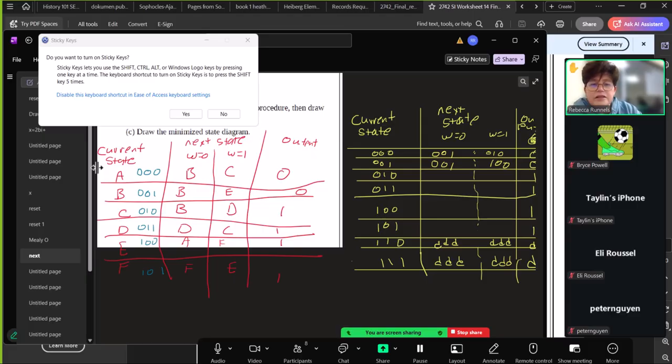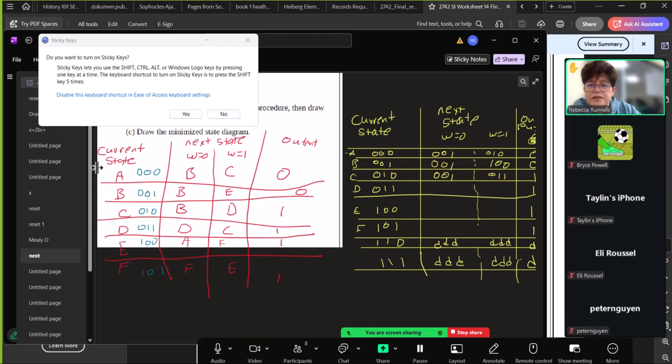And then this next one, if it helps, you can always put these over here to remind you of what they are. So this is C. C goes to B, which was 0, 0, 1, and D, which is 0, 1, 1.